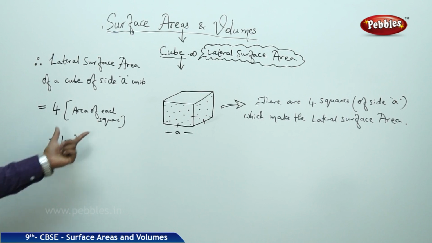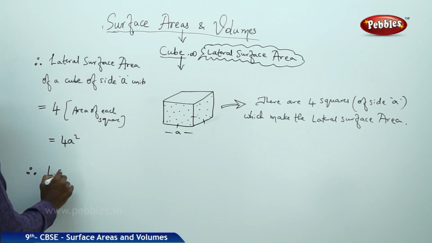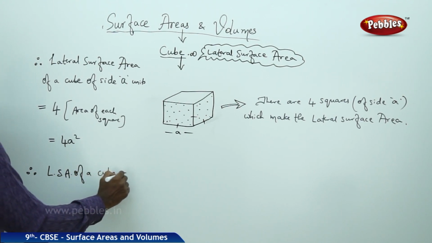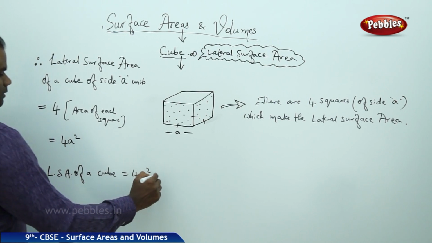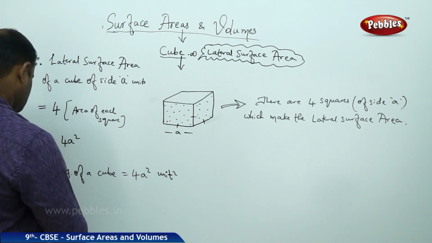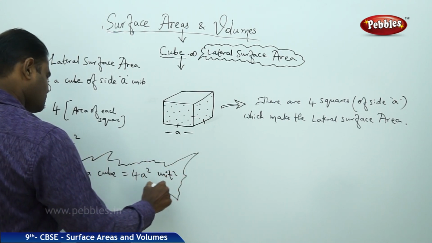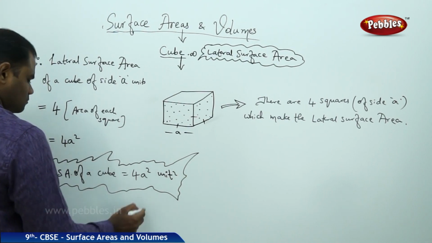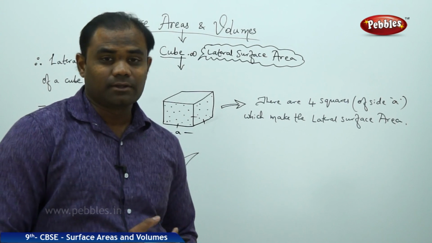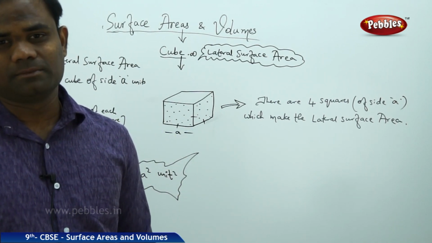Is how we get, because area of a square is a square. Therefore, LSA of a cube is 4a square unit square, lateral surface area of a cube.